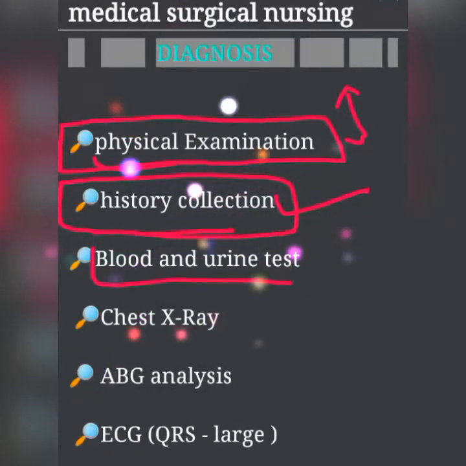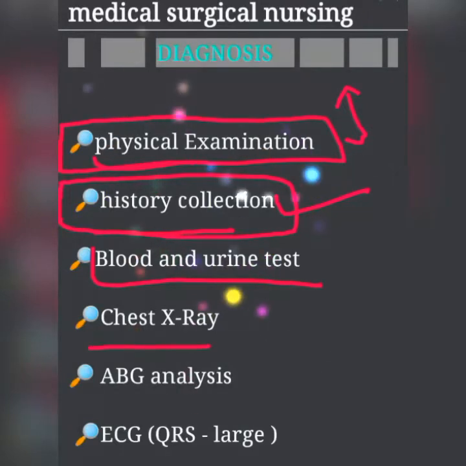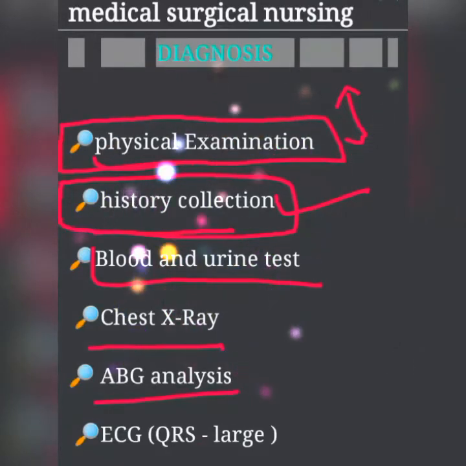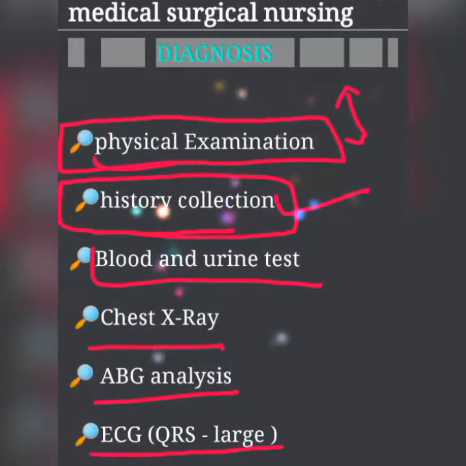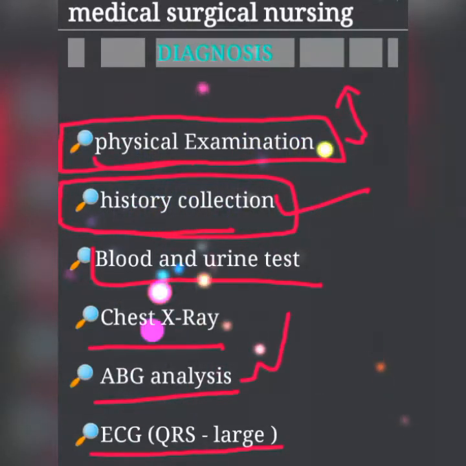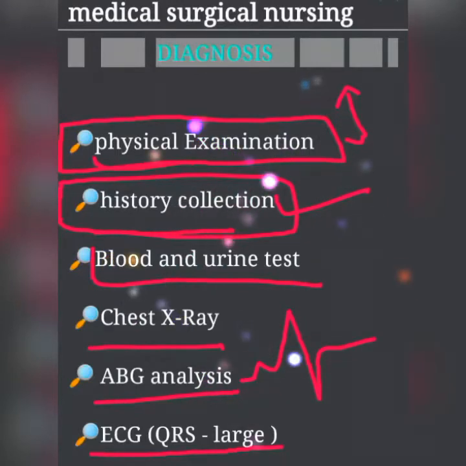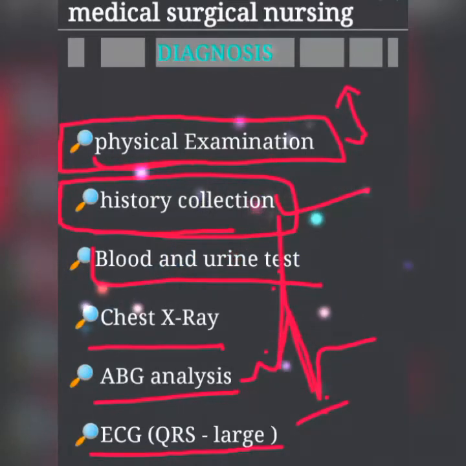Next is the blood and urine test. Next, chest x-ray and ABG analysis, arterial blood gas analysis. Next is ECG. In the ECG, the QRS wave is detected. If this wave is larger than normal, it shows a heart failure condition.